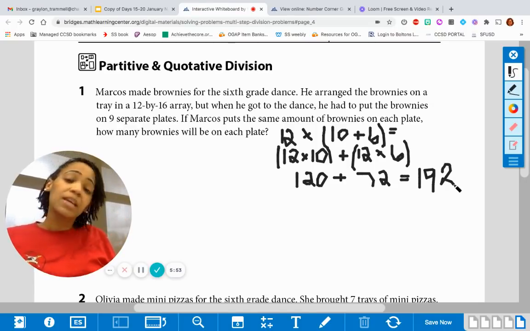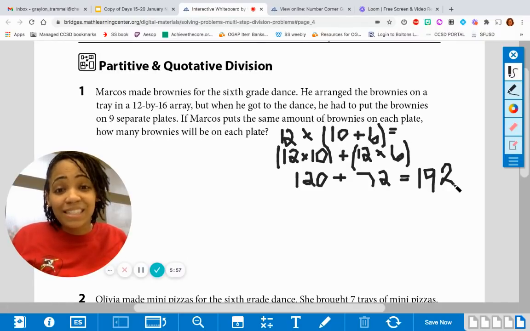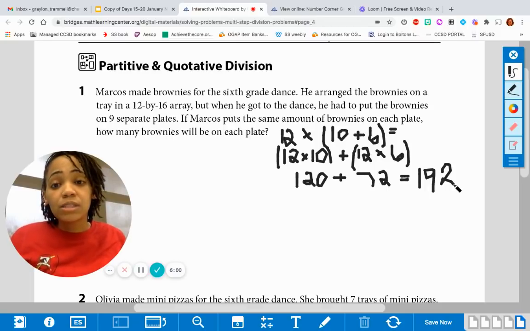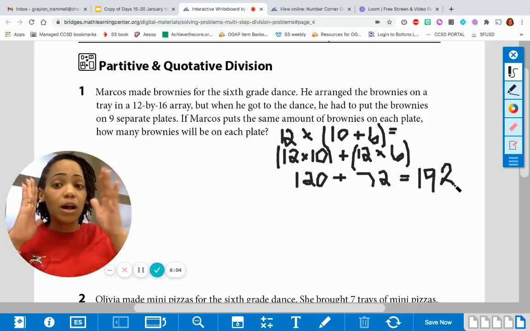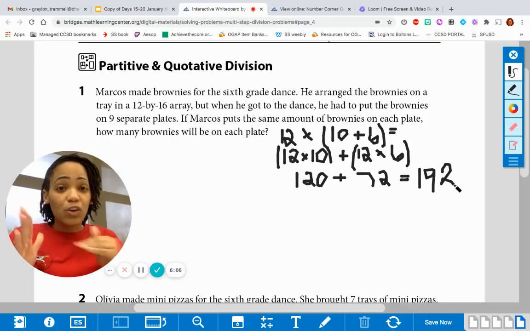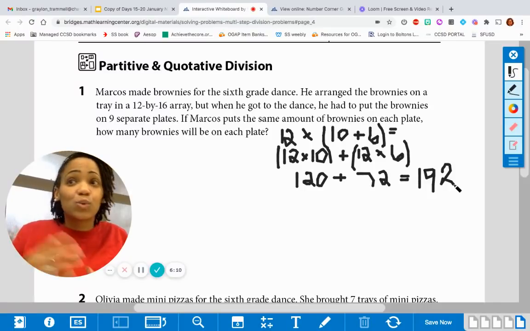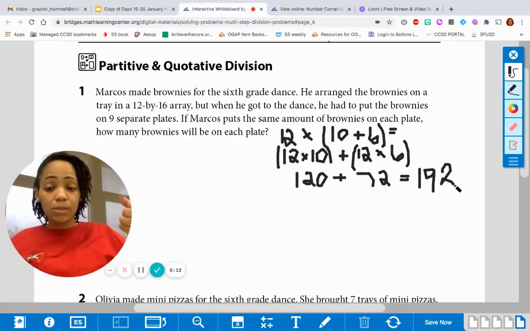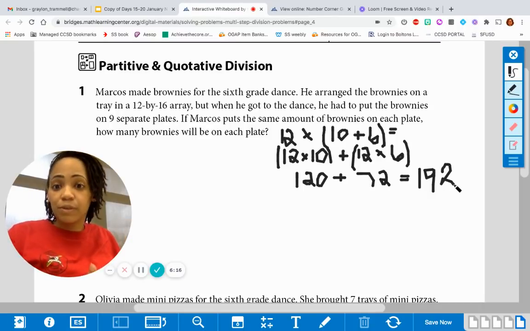Now here's the deal. A lot of times when you're reading word problems, the word problem kind of makes a suggestion about a visual that you're seeing in your mind. So automatically when I read this, I saw 12 by 16 as an array because it says 12 by 16. If it said 12 clowns with 16 balloons in each hand, I would think equal groups. But this made me think in terms of an array.